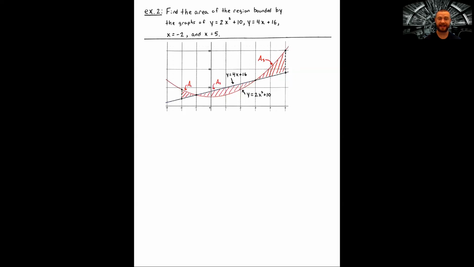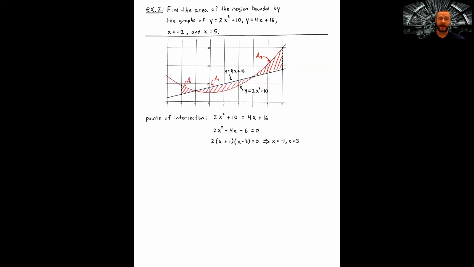Now you can see over that larger interval from -2 to 5, there are two intersection points. And it looks like, from the graph, those intersection points correspond to x equals -1 and then x equals 3. Now, an algebraic calculation should confirm that.